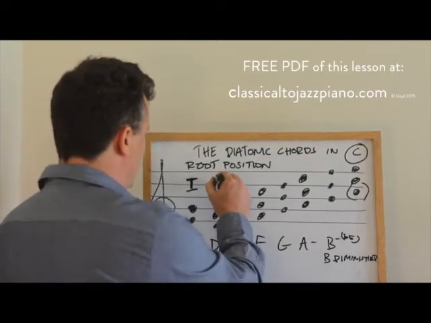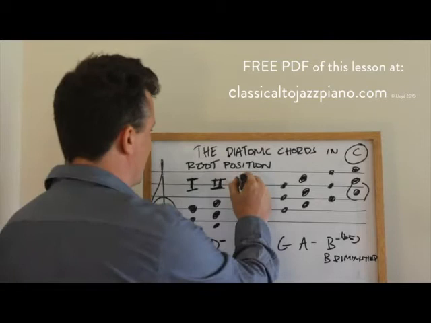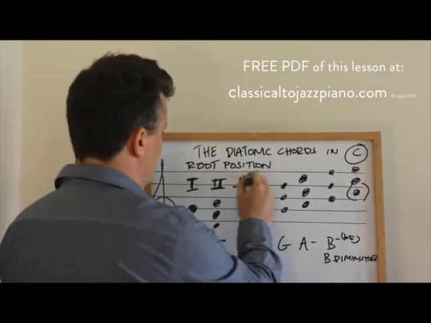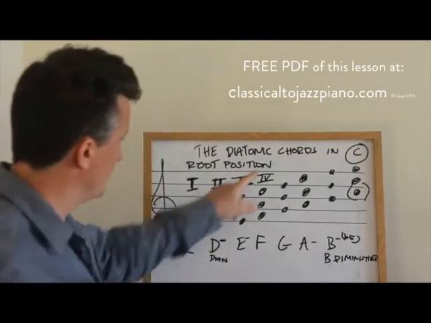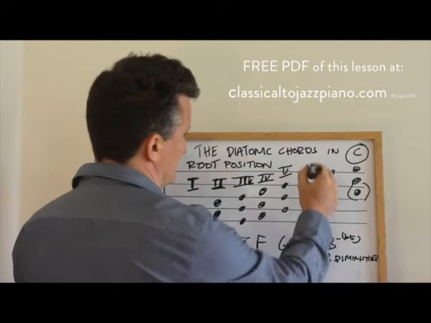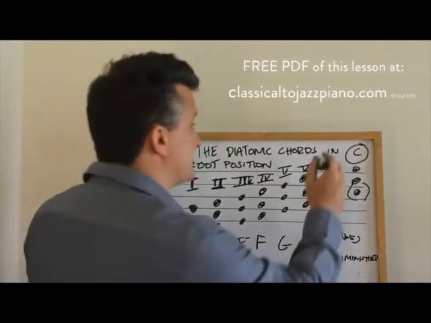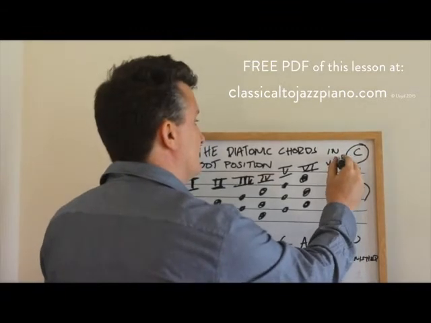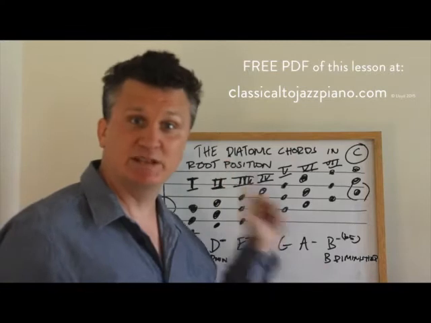D minor is chord 2. E minor is chord 3. Then you've got 4 for F, 5 for G, 6 for A minor, and 7 for B diminished.